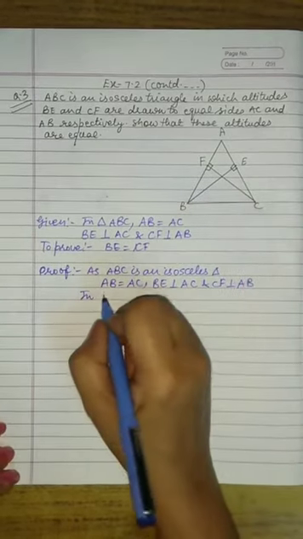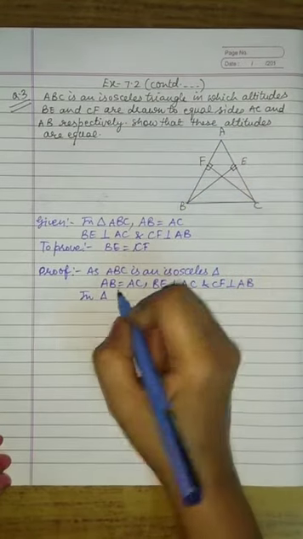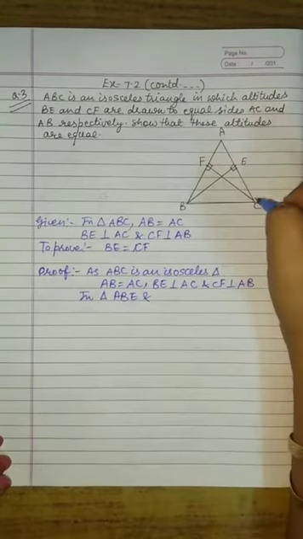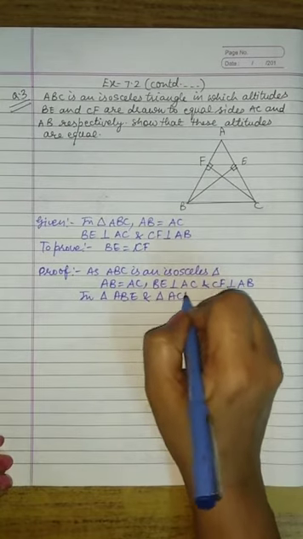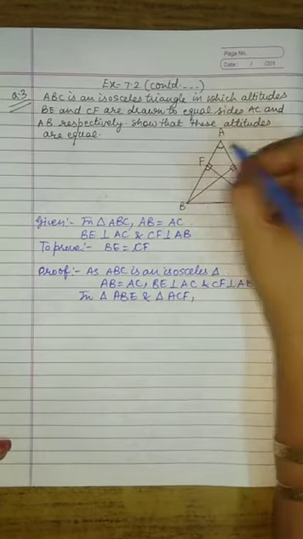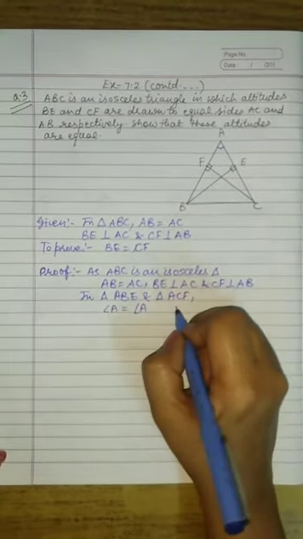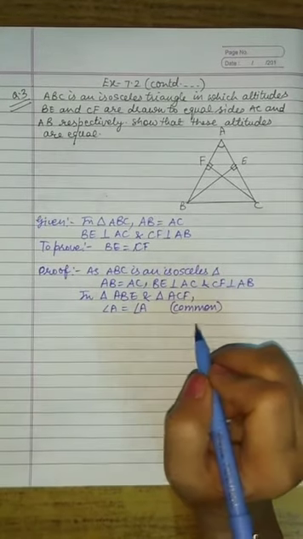Now we will take two triangles and we will make them congruent by some congruency criteria. So we are taking triangle ABE and triangle ACF. In these two triangles, we have angle A common. So angle A is equal to angle A, which is common to both the triangles.